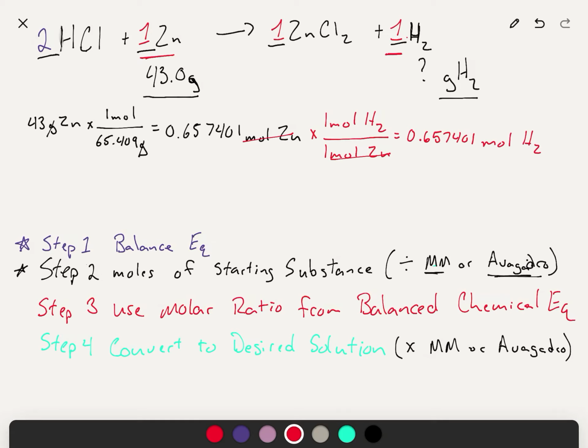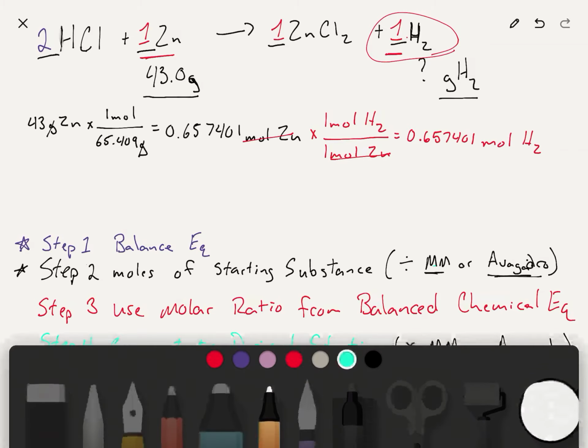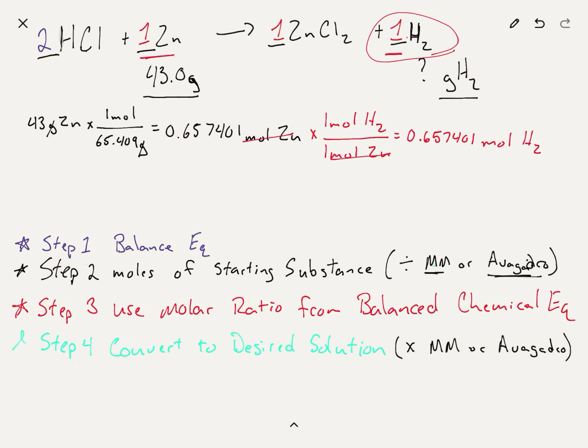So now we know how many moles of hydrogen gas we have, but we have to figure out our desired solution, which is grams. So we need to either multiply by molar mass or Avogadro's number. Since we want mass, we're going to multiply by the molar mass. So we have 0.657401 moles of hydrogen gas.